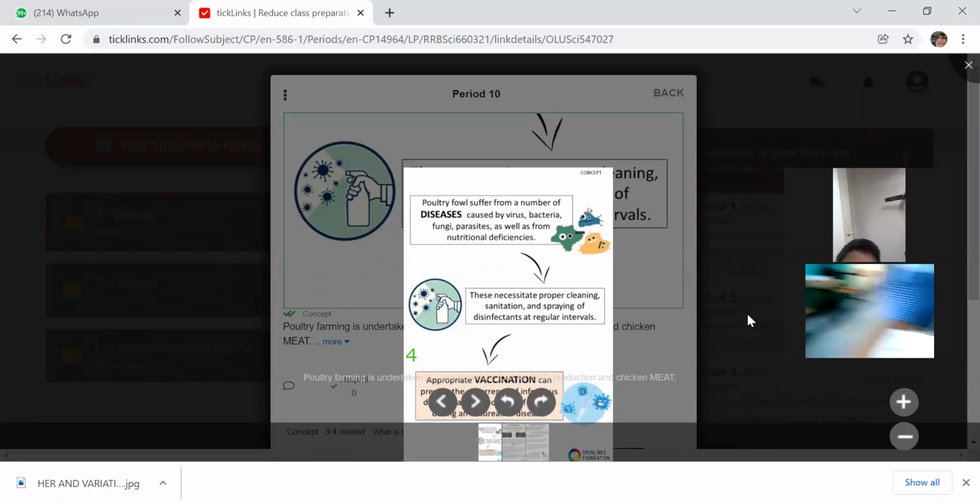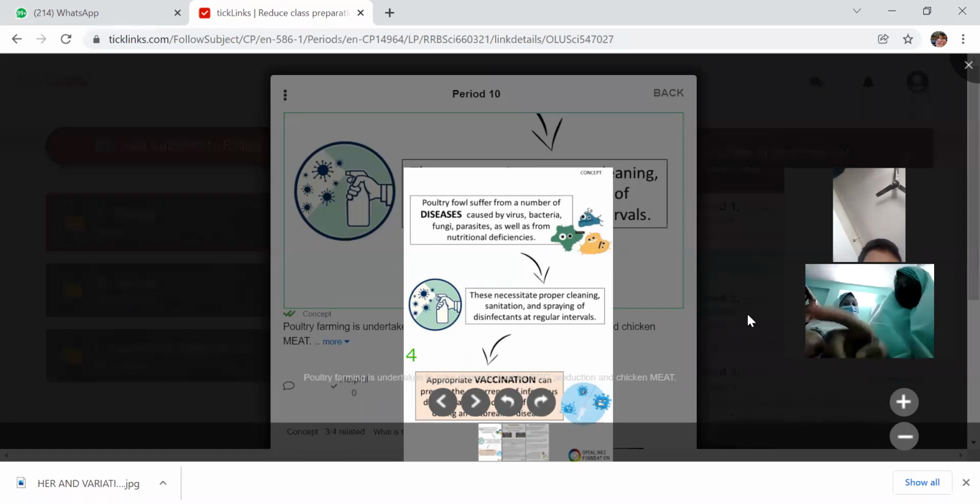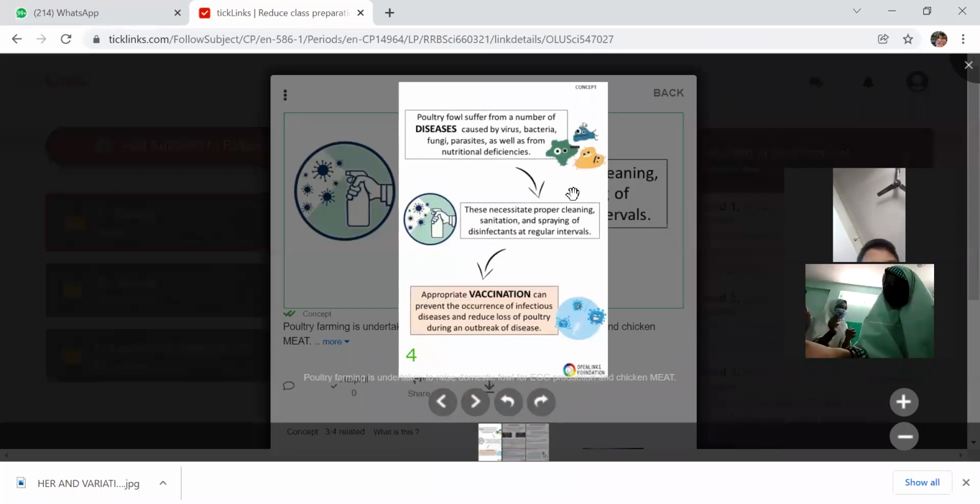Poultry farms suffer from a number of diseases caused by virus, bacteria, fungi, parasites, as well as from nutritional deficiency. Yes, the nutritional deficiencies in the food they are taking, plus virus, bacteria, fungi, parasites, all these are responsible for causing diseases to the birds. So what are we supposed to do? What necessary steps can we take?